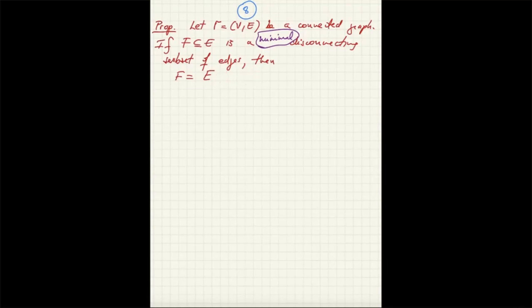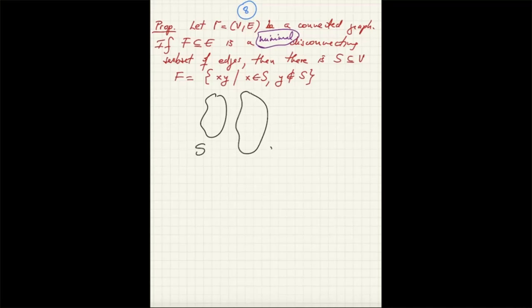So what I'm saying is that there is S, a subset of vertices, such that F consists of all the edges xy, x in S and y not in S. So if you're looking for smallest disconnecting subsets of edges, you might as well go over all subsets of vertices and look at the edges that separate them, that have one endpoint in that subset of vertices and the other endpoint across.